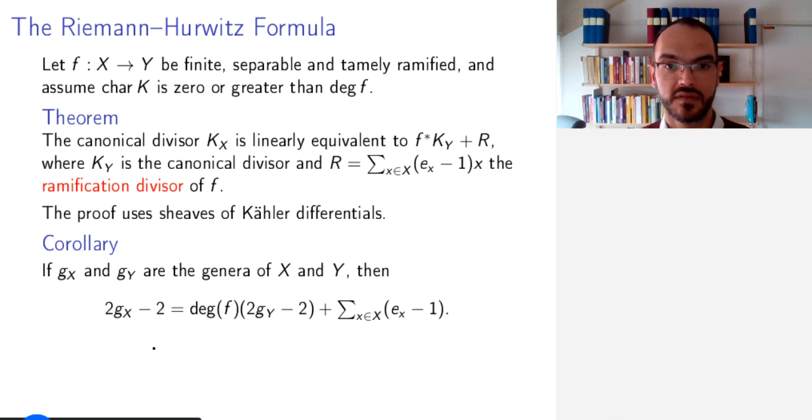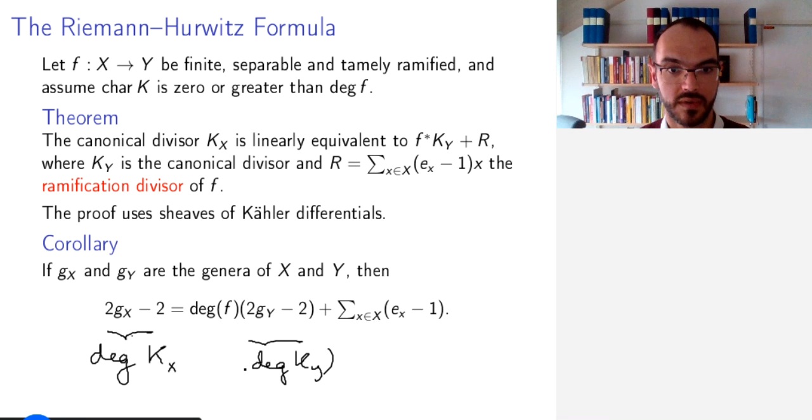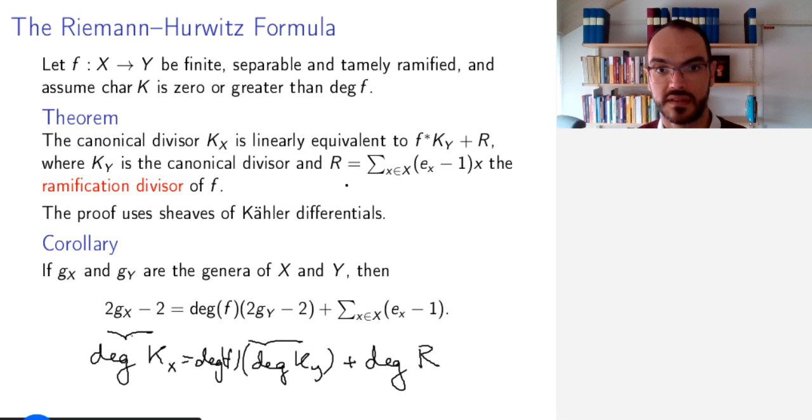And how do we get this? Well, we know that this is the degree of K_x, this is the degree of K_y, the degree of f is the degree of f, and this is the degree of this divisor by definition, where I'm just summing these integers.